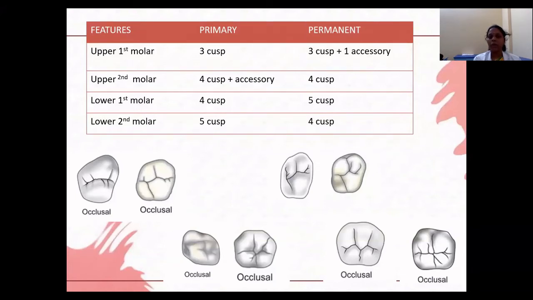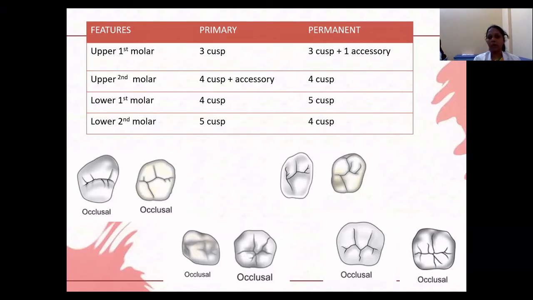And for the lower first molar, usually 4 cusps will be present in the primary tooth, but for the permanent tooth, 5 cusps will be present. Usually in the permanent molar, an extra cusp, the smallest cusp, will be present on the distal side. That is the 5th cusp, but that cusp is not present in the primary first molar.